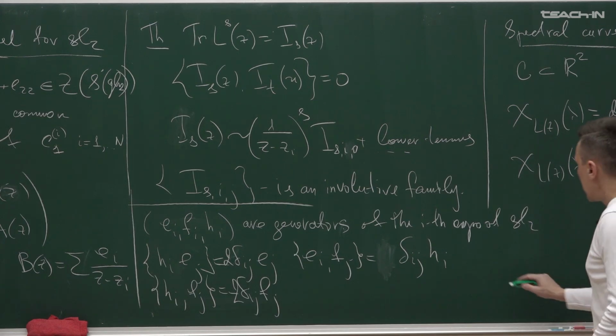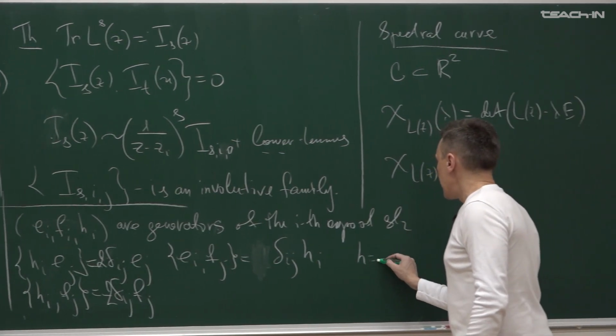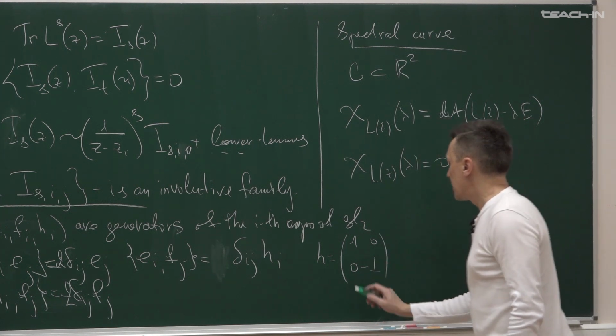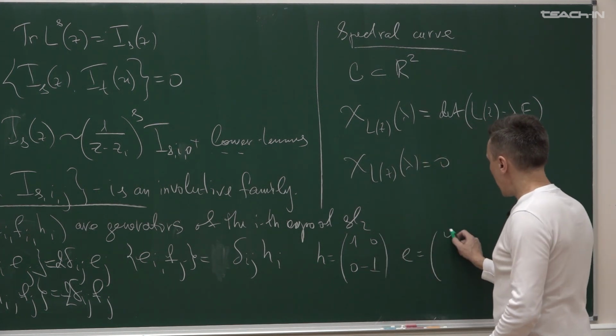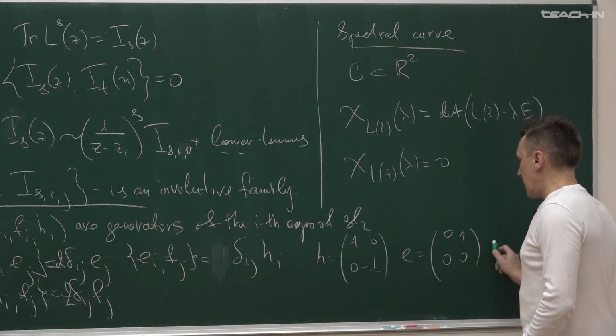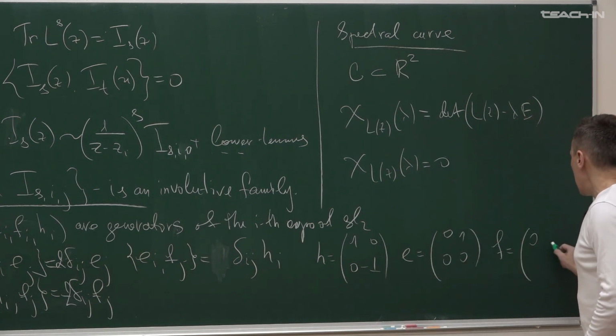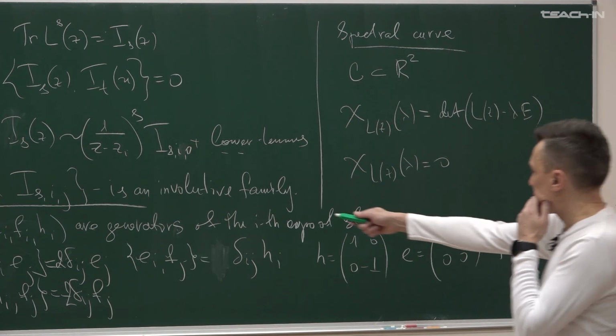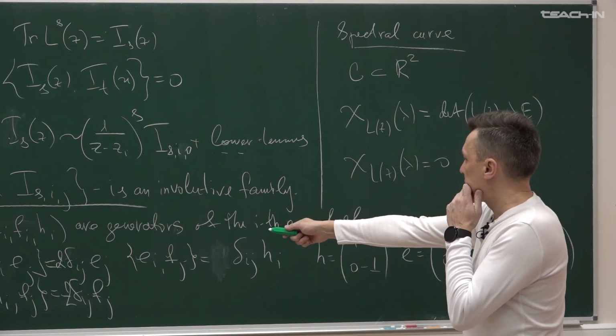So it means that H is represented by the matrix with 1 and minus 1 on the diagonal, E is represented by the matrix like this, and F is such a matrix. This is the standard basis of SL2, and these are the relations.